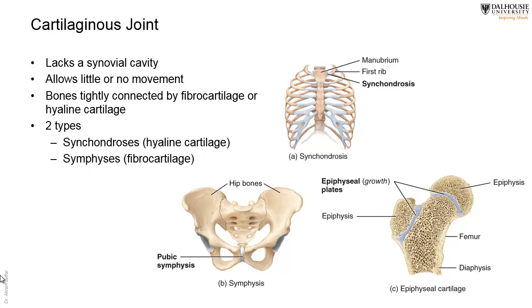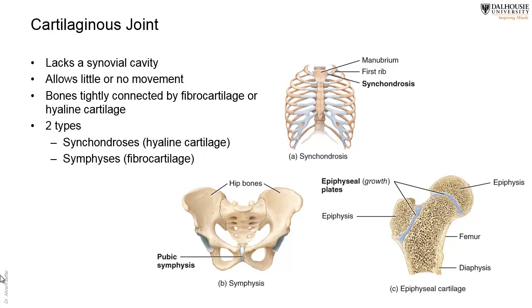Remember when we mentioned the growth of bone, we mentioned that there is an epiphyseal cartilage plate which lays down bone and helps in the growth of the bone, the increase in the length of the bone. So this is again a kind of joint in which there is a cartilage in between, but there is no movement at all.